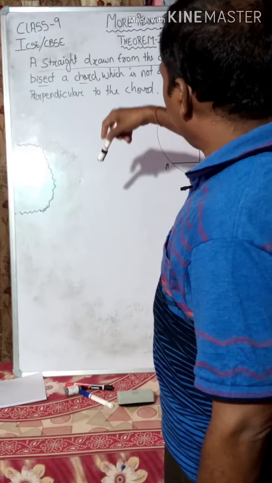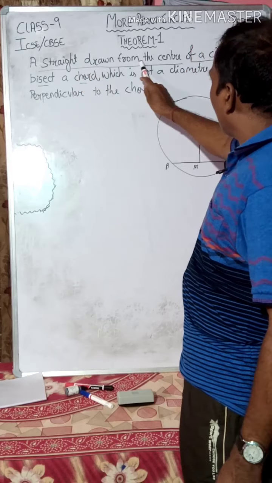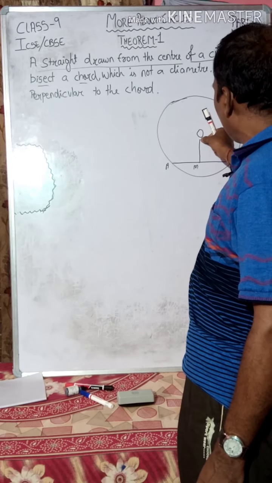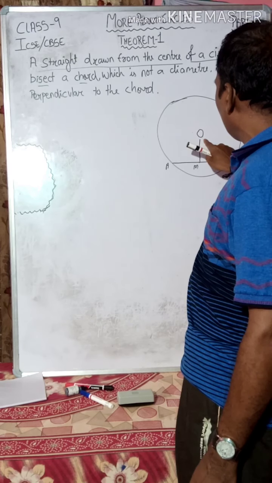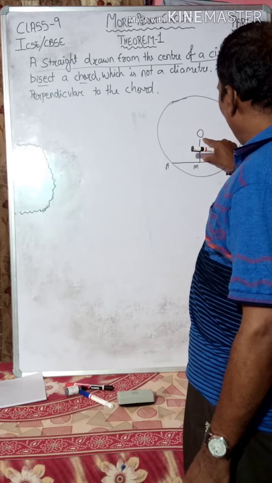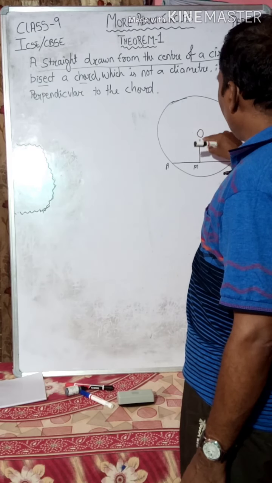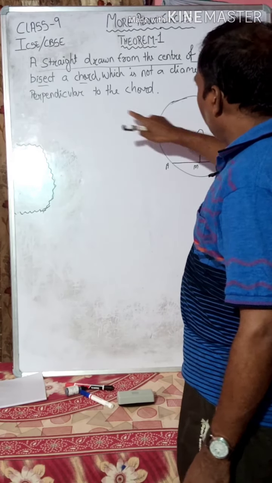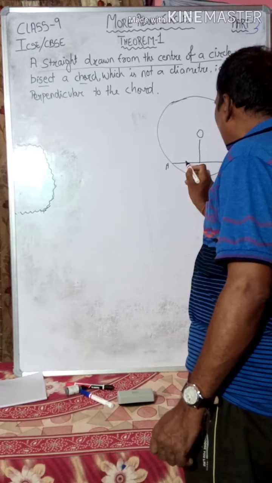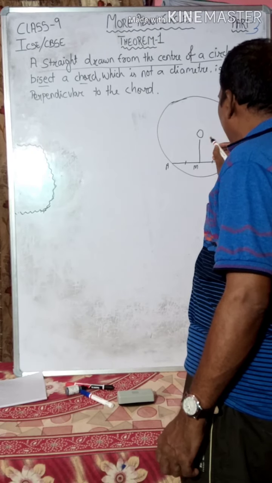Now see the question again. A straight line drawn from the center of the circle. The straight line OM drawn from the center O bisects a chord, because M is the midpoint of the chord, so AM is equal to BM.